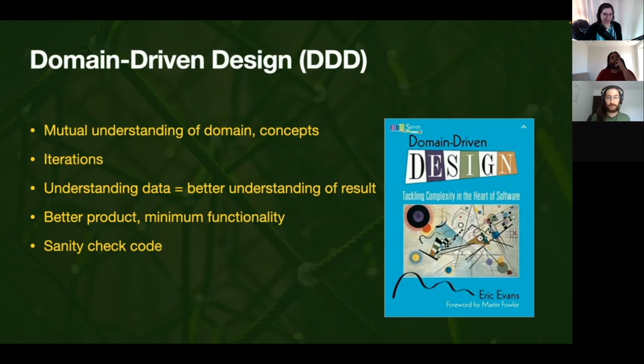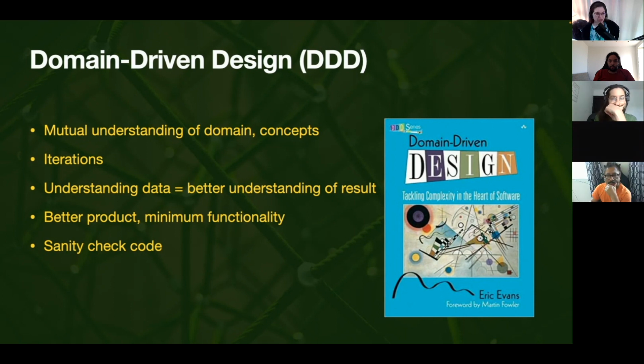I'm just now getting to it, but it's a really good book, and it talks about how your data domain experts, your developers, your business folks, etc., when you have a mutual understanding of a domain, of your data and of your model and the concepts, you build better software, better businesses, better projects. You usually do this through some sort of iterations, which is how probably a lot of us code. And by understanding the data, that gives you a better understanding of the solution, of what your customers want, no matter what you're trying to build.